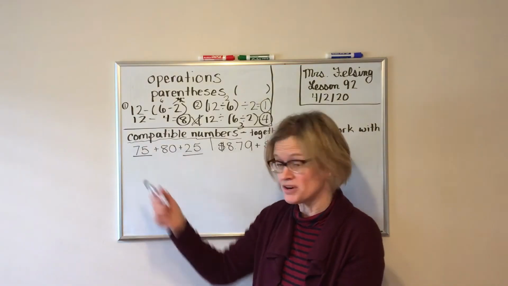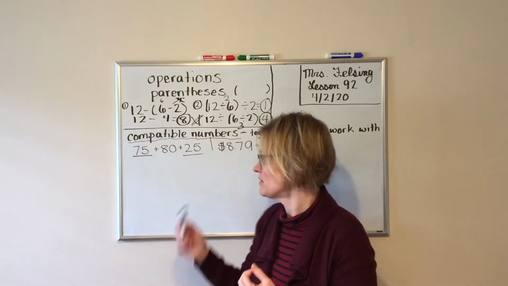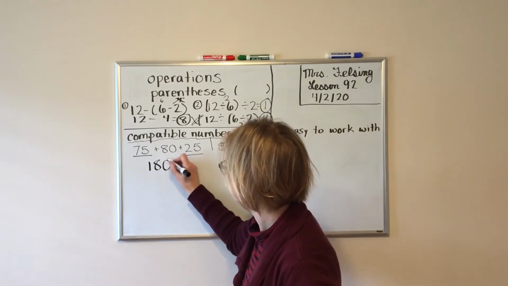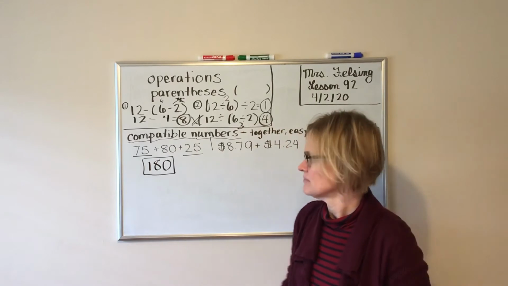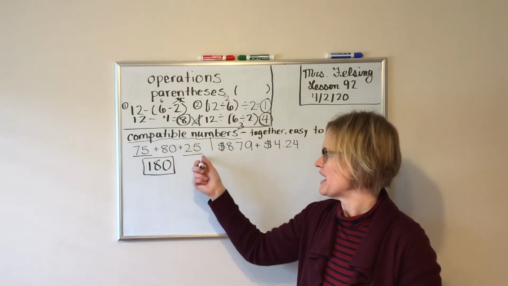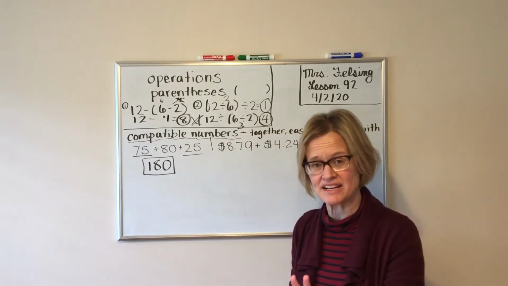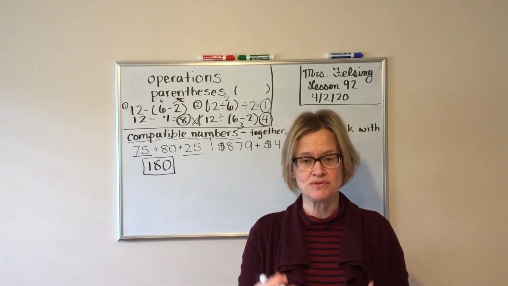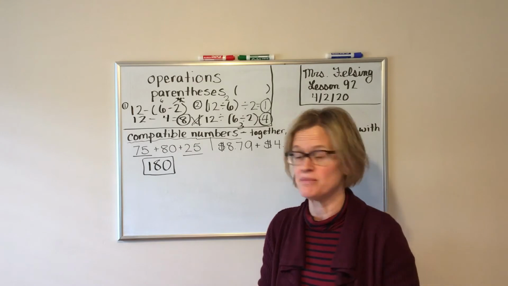Think of it, 4 quarters. So that's 100. Well, that's 100 plus 80, 180. So I use these two compatible numbers before I started adding. Don't add right away. Look at numbers that are easier for you to add first and then move on.